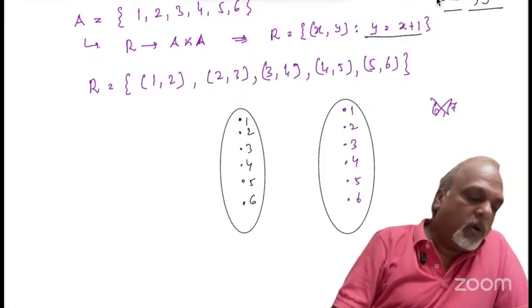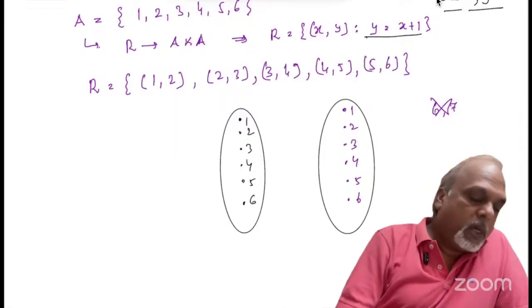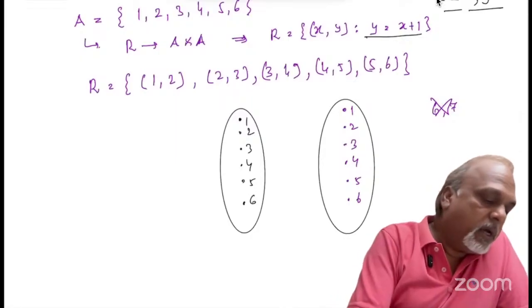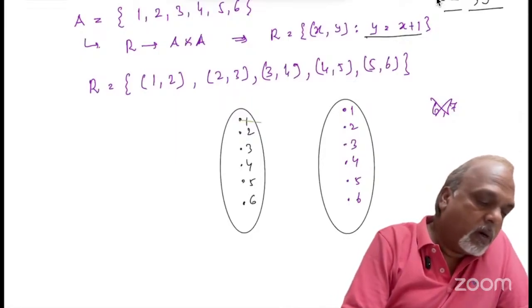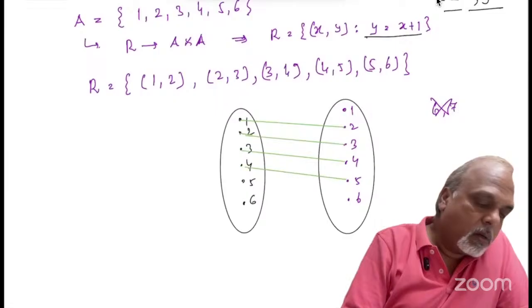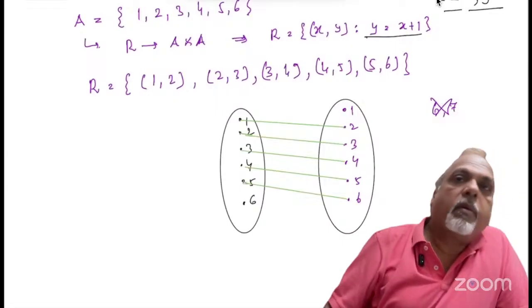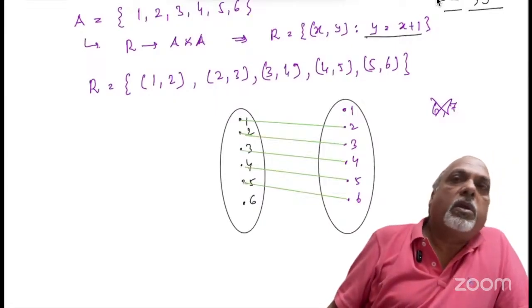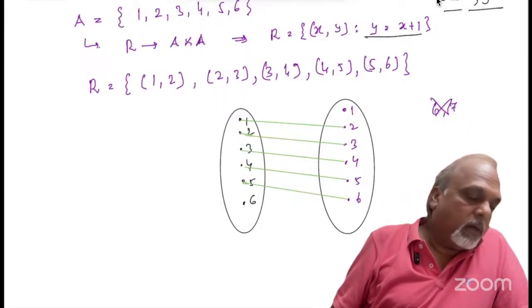But what about the relation? If we define this relation, then here 2 is the image of 1, 3 is the image of 2. Correct? So this is how pictorially you can represent your relation.